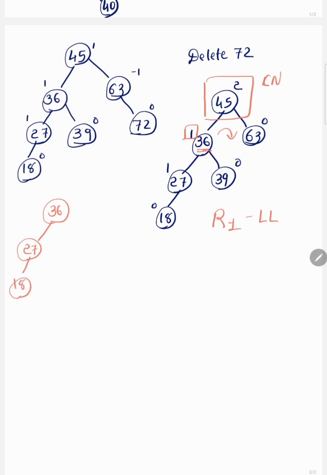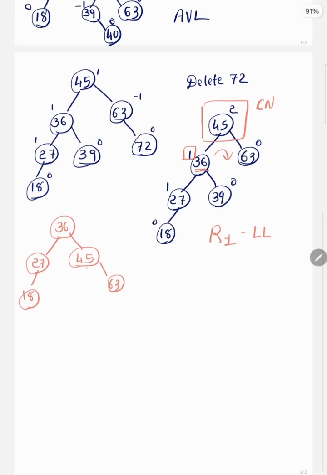The left side of 36 remains the same, this 27, this 18, right? Now the right side of 36, 45 will take that place, right? 45's right side will remain the same, 63. Now previously 39 was the right child of 36, so now it will become the left child of 45. So here I have 39, right?